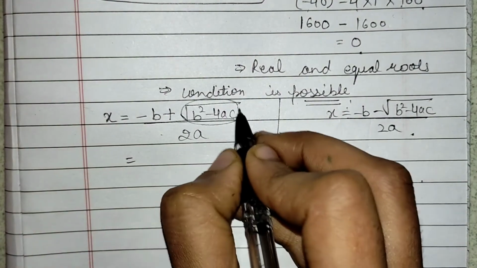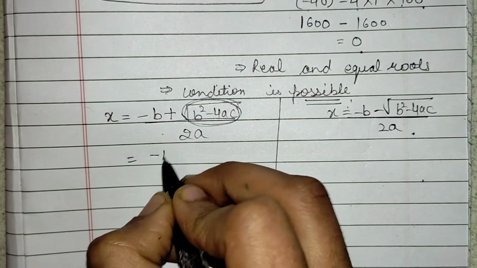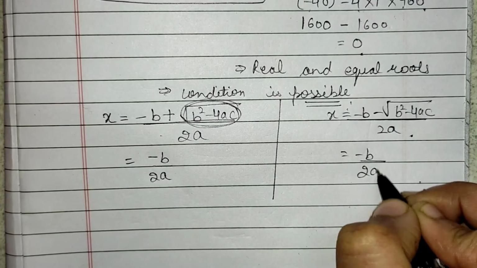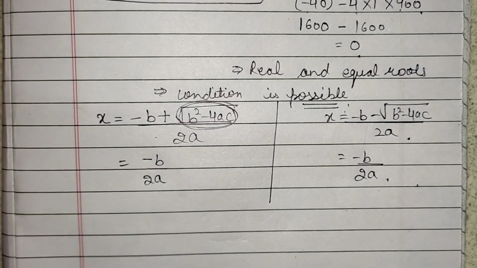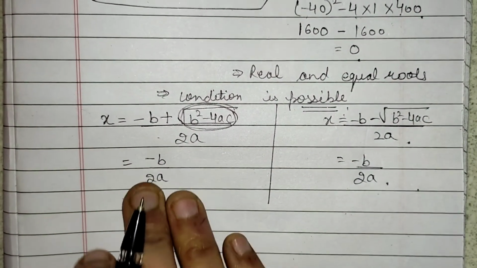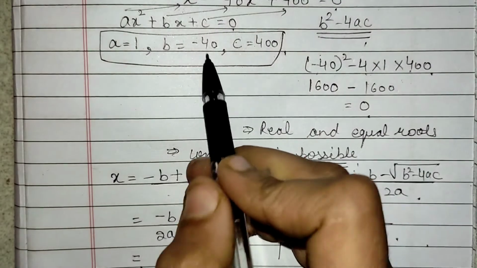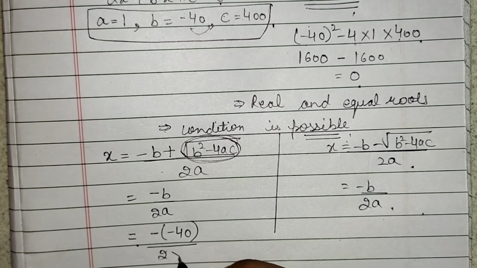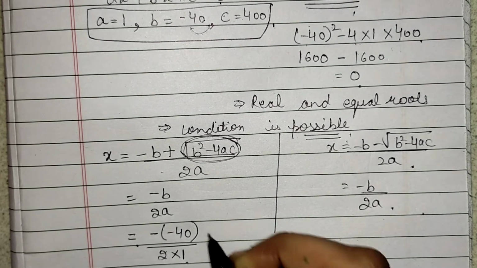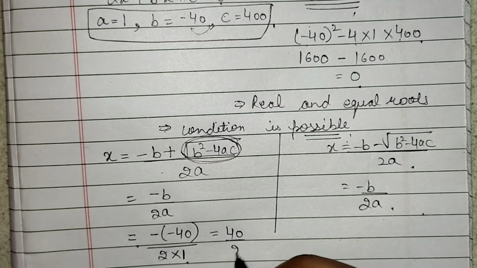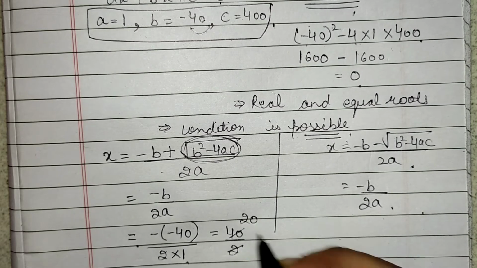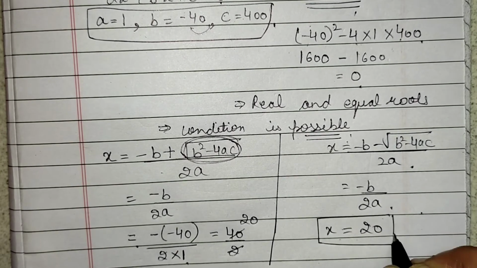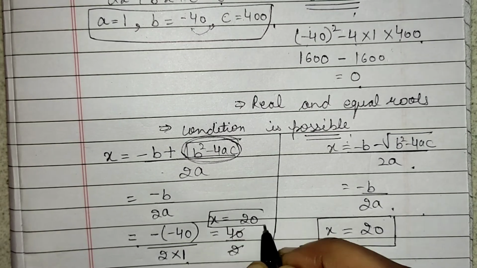Because your b square minus 4ac is equal to 0, our formula will get reduced to minus b by 2a, and here also minus b by 2a. And b is my minus 40, minus of minus 40 divided by 2a. A is my 1. It will give me 40 by 2. It will give me 20. And from here also I will get x is equal to 20.